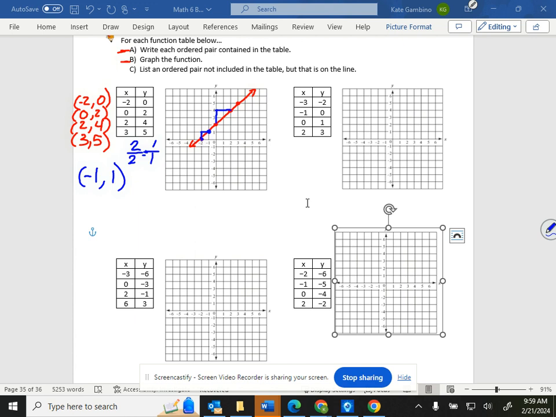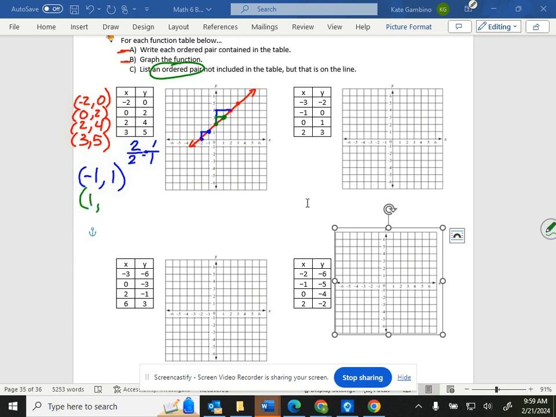Marina. So it says an ordered pair. Can there be other ones? Yeah, Marina found another ordered pair that wasn't in our function table. We could go to this ordered pair, go up 1 over 1, and you are absolutely right, Marina.